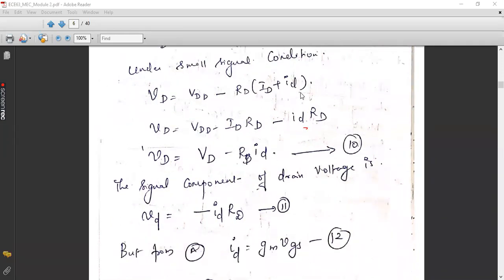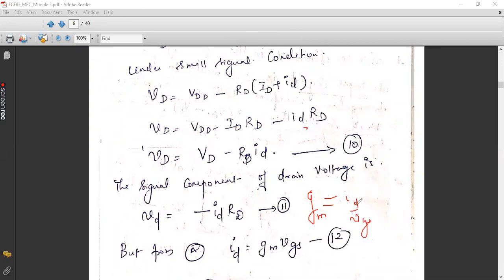Now, in the last class we already derived the expression for the transconductance, and from the transfer characteristics we know transconductance is defined as the slope of that particular curve, isn't it? The slope of the curve, iD versus vGS. So gm can be written as id divided by vgs.